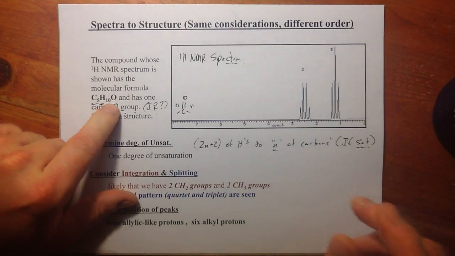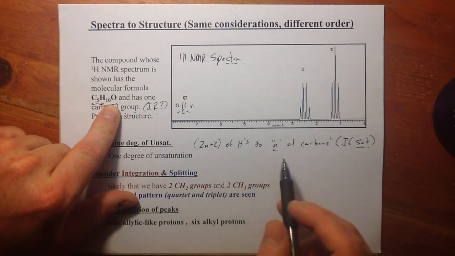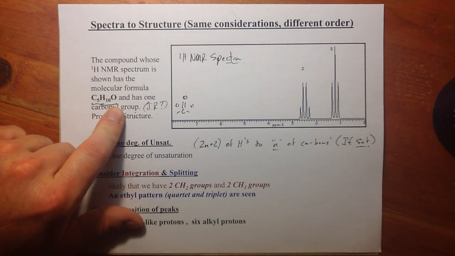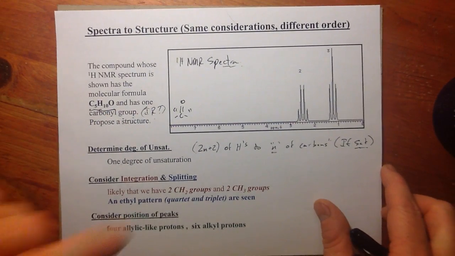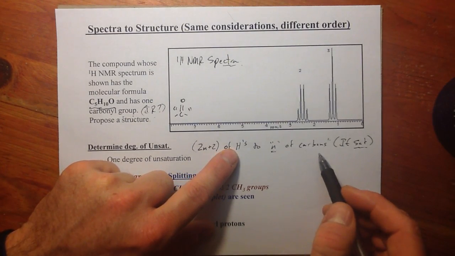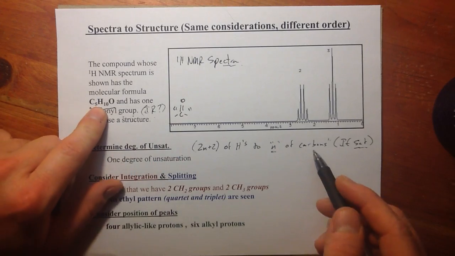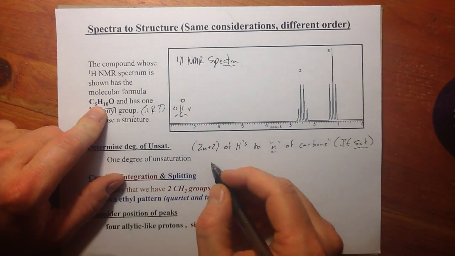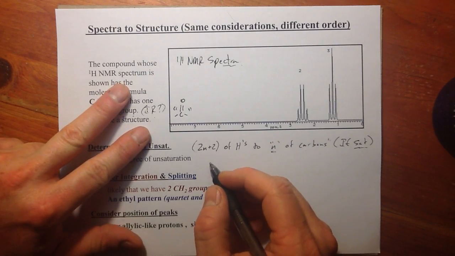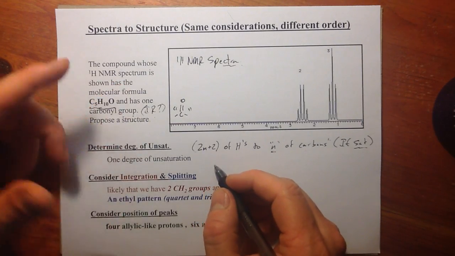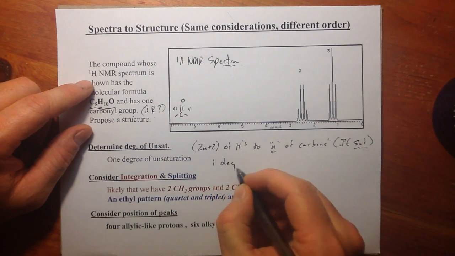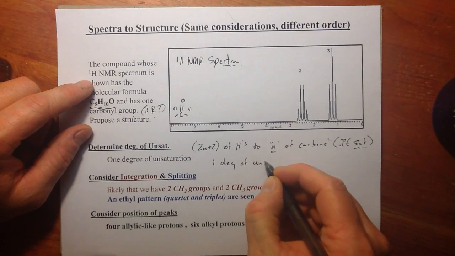We have 10, and oxygen doesn't change that relationship. We have 2 less than that, so we have 10 instead of 12. So it's a difference of 2. If we take that difference and divide it by 2, we have 1 degree of unsaturation.